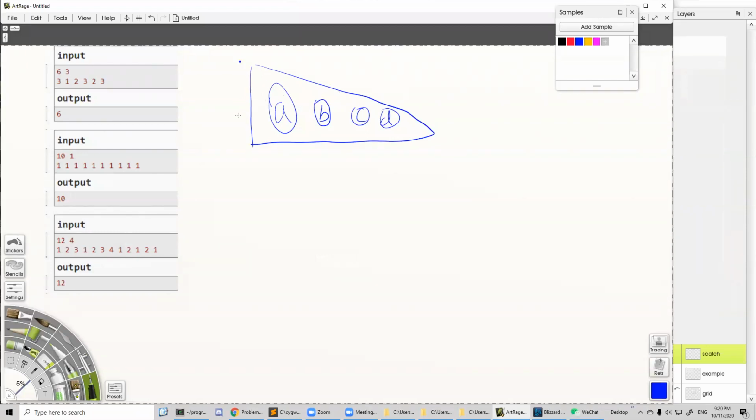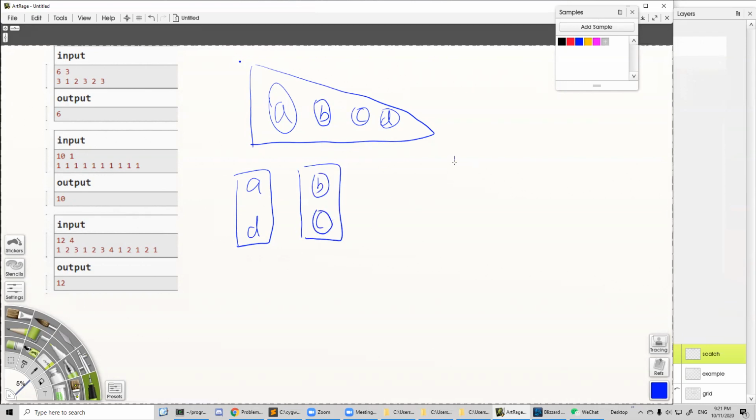So let's say we have four teams and we sorted them according to the number of members in the team. So team A has the biggest number and team D has the smallest. In this case, we are going to choose A and D in the same bus. And potentially we can choose B and C in the second bus, right?